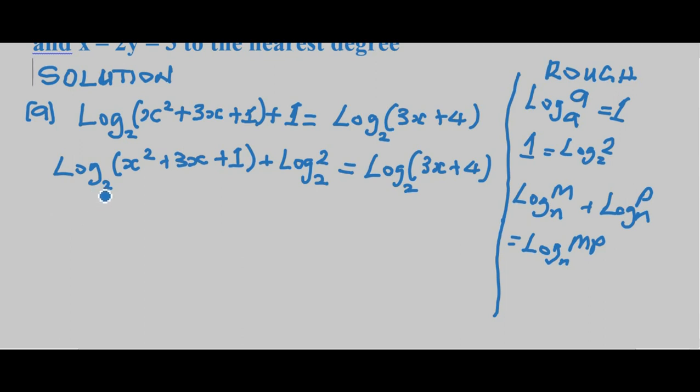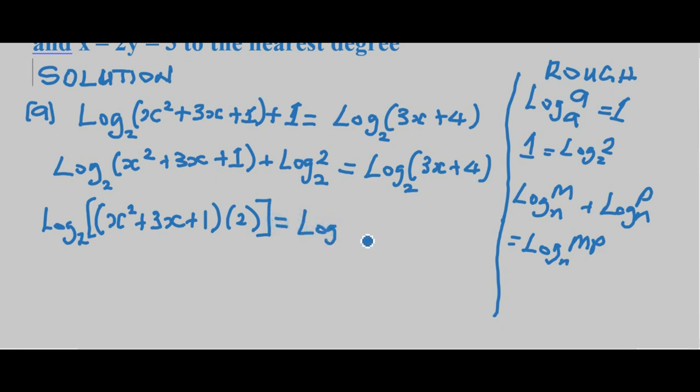Since we have log of base 2, log of base 2, log of base 2, we are going to have the log to base 2 of (x squared plus 3x plus 1) into 2 is equal to the log of 3x plus 4 to base 2.